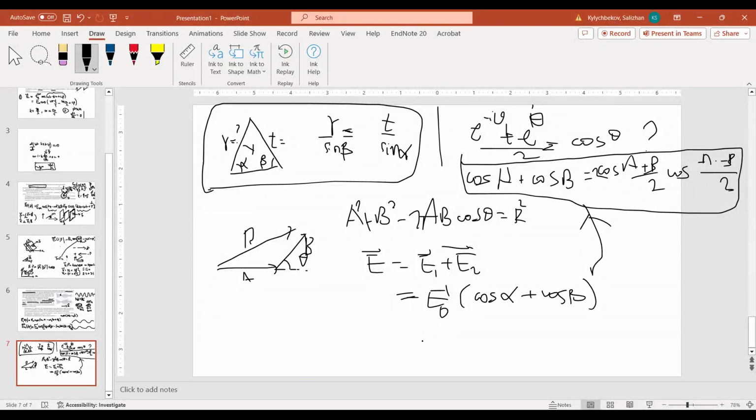So your E total is 2 E0 prime, and there are two cosines. The first cosine is (A plus B) divided by 2. What is A?